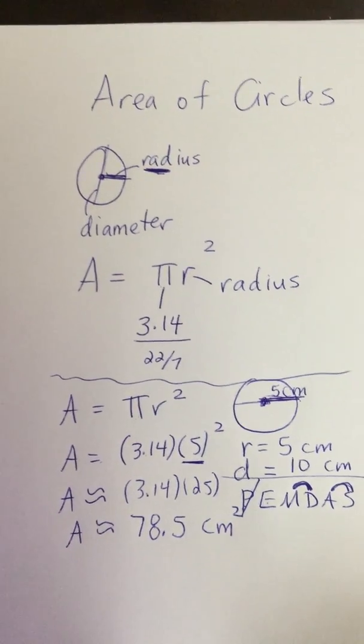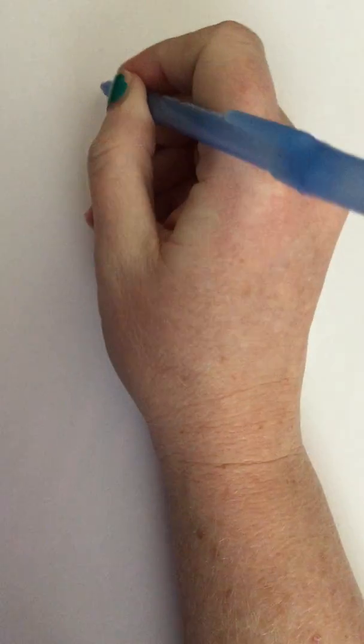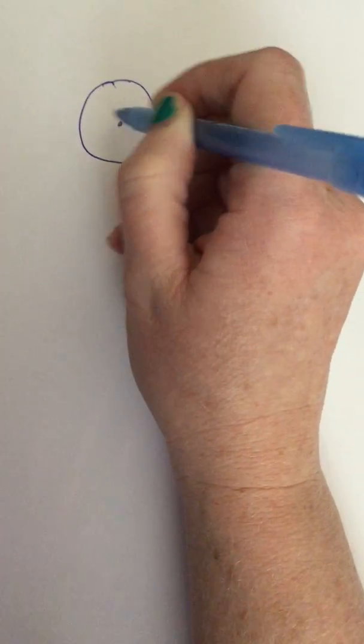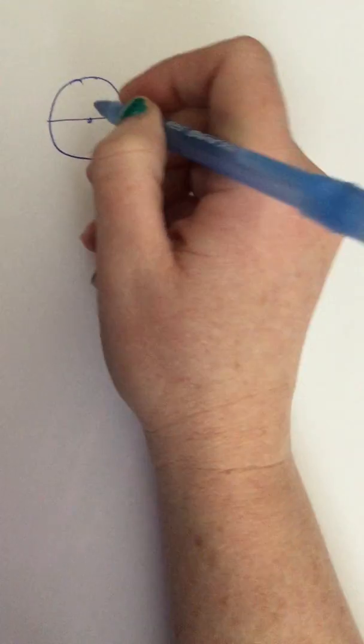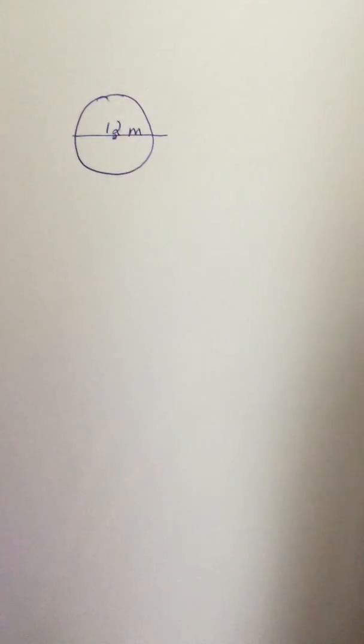I'm going to do one more problem. Let me get my paper. Okay, one more problem. Here we go. Let's find the area of this circle. Okay, and this time they give you the diameter, and it is 12 meters.